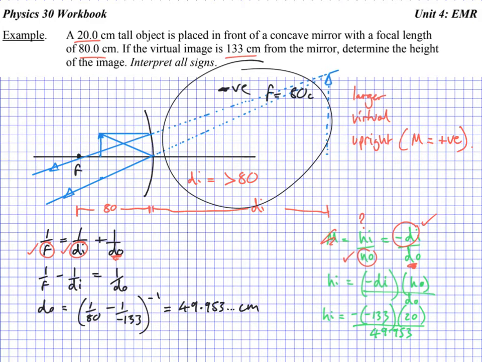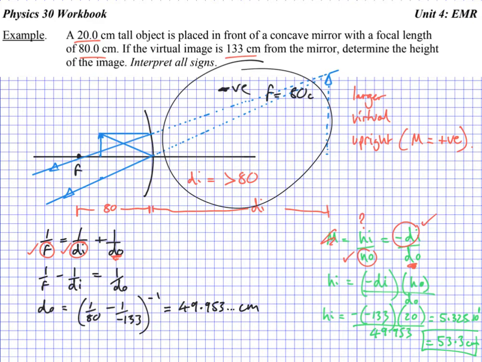Well, if you're careful with those negative signs and you treat this to be a positive 133 times 20 divided by 49.953, you're going to get the right answer, which is 5.325 something times 10 to the 1, which equals, if you put this in the normal language that we've been using so far, which is centimeters, 53 decimal, and I've got 3 significant digits in my question, so 53.3 centimeters. That is the height of the image.